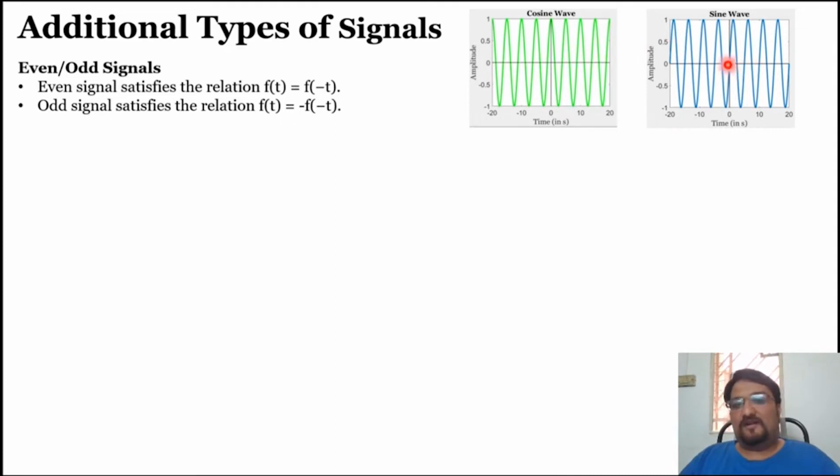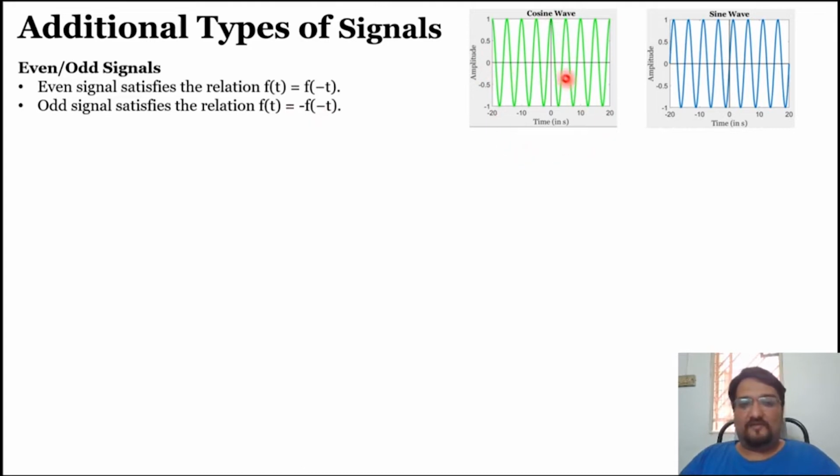Whereas in the case of a sine wave, the same thing won't hold. Sine pi by 2, or sine 90 degrees, is 1, as you all know, whereas sine minus pi by 2 or sine minus 90 degrees would be minus 1. So this signal obeys the property shown here: f of minus t is equal to minus f of t.